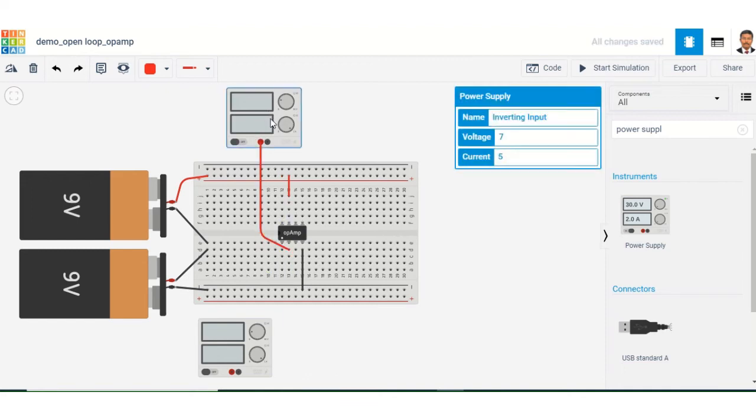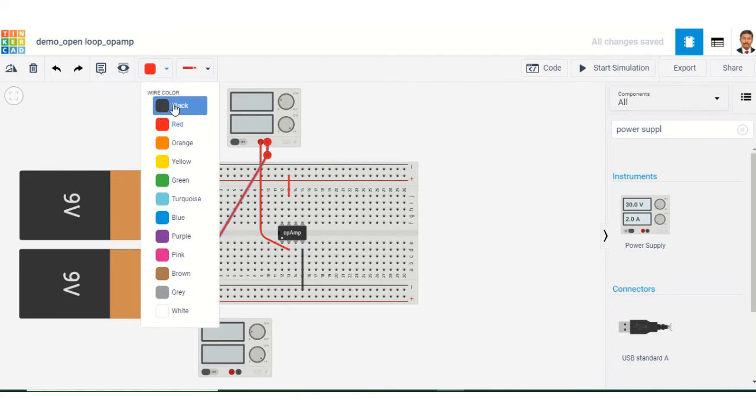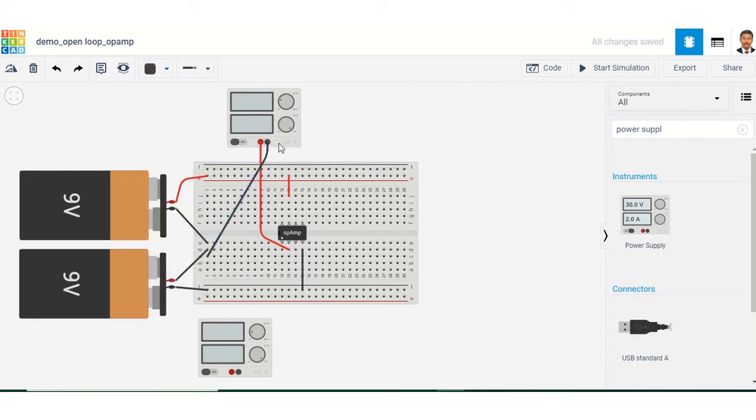You see I have connected this to the inverting input. The other terminal should be connected to the common terminal. So one terminal of the input is given to the inverting input, the other terminal is given to the common.